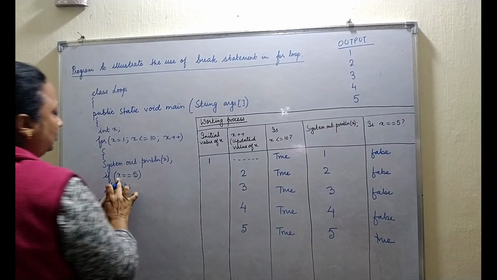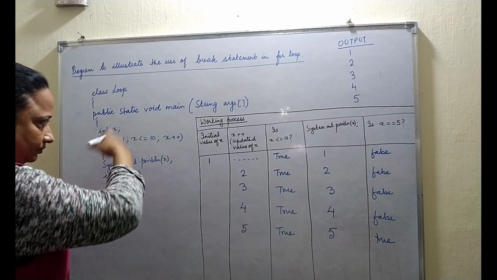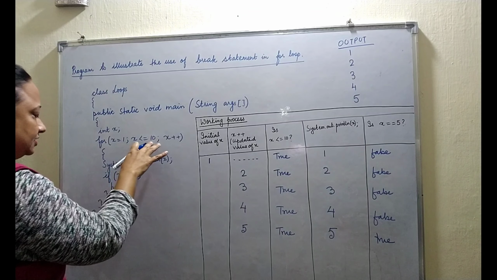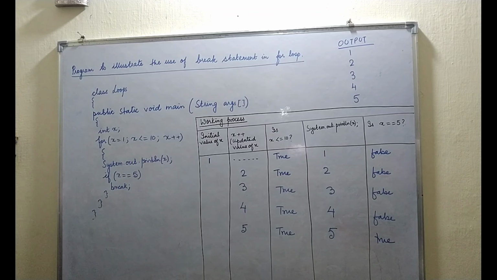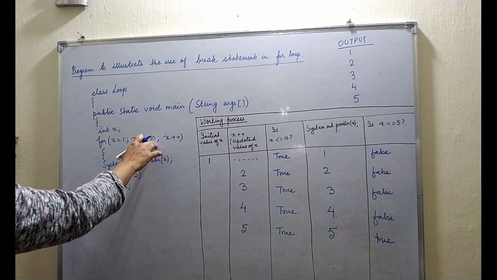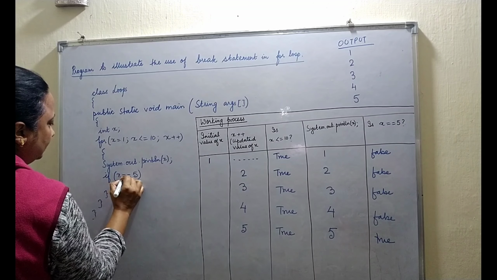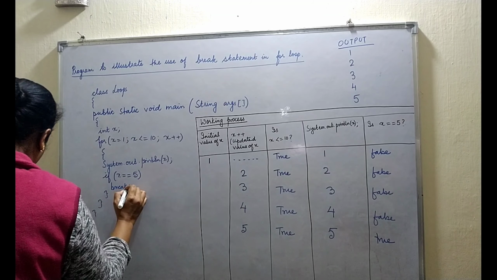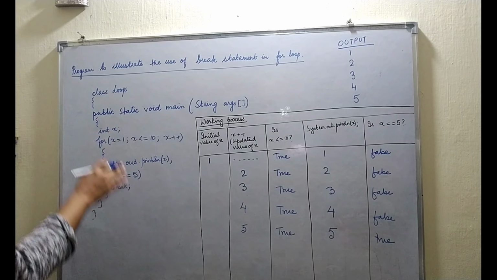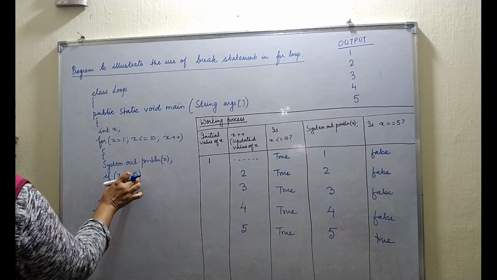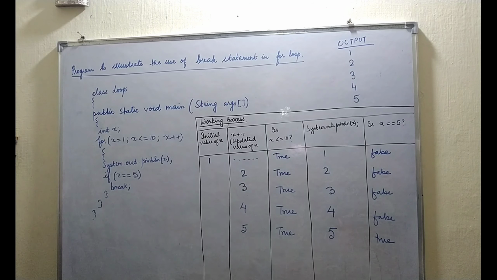Because once the value of x reaches 5, even though the testing condition would let x reach 10, because of the statement if x is equal to 5, break, what will happen? It will force the exit from the loop when the value of x reaches 5. So this is how the break is used in case of a for loop.